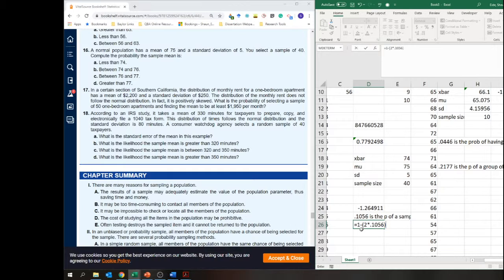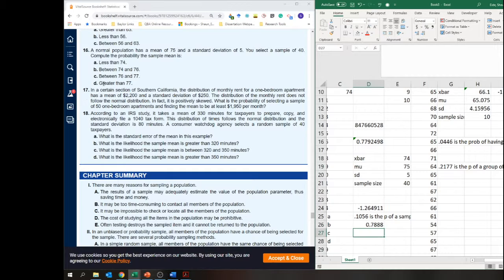The probability of a sample of 40 being below 74 is the exact same as the probability of a sample being above 76. So below 74 is 0.1056, above 76 is also 0.1056, and the total probability is 1, so 1 minus the two of those is 0.7888.